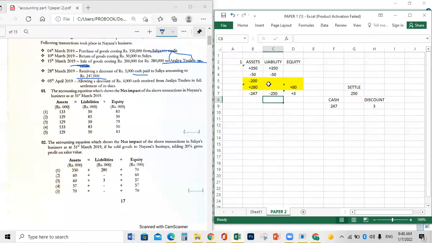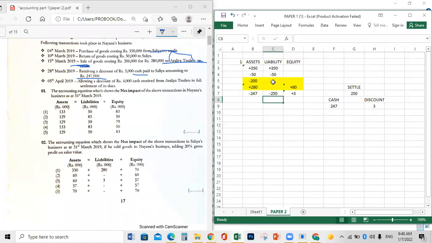How are you settling him? I think I told it wrong, okay, I'll repeat it again. You're settling your trade payable by receiving a 3,000 discount and paying 247,000 cash. So always only the settled amount should be deducted from the trade payable.